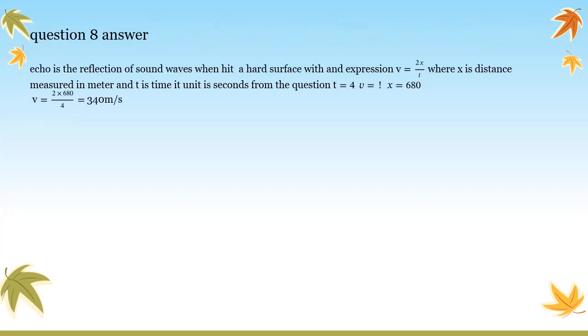An echo is the reflection of sound waves when they hit a hard surface, with the expression v equals 2x over t, where x is distance measured in meters and t is time in seconds. From the question, t equals 4 and x equals 680. V equals 2 times 680 over 4 equals 340 m/s.